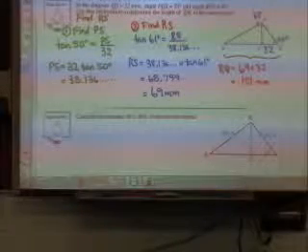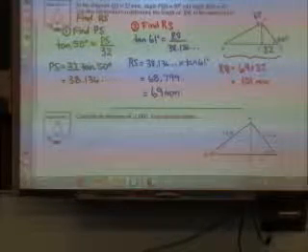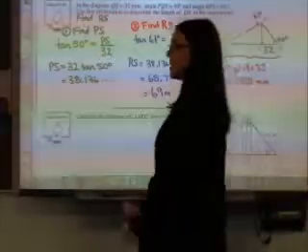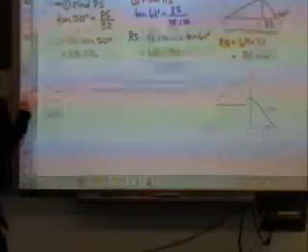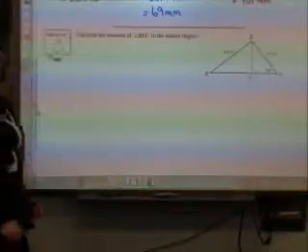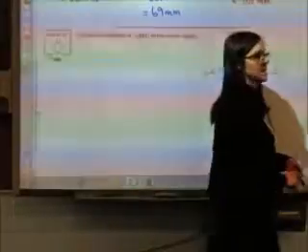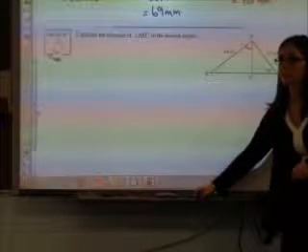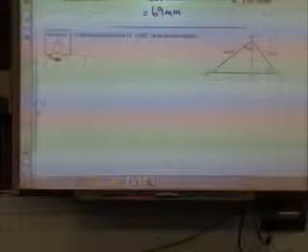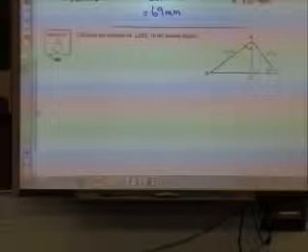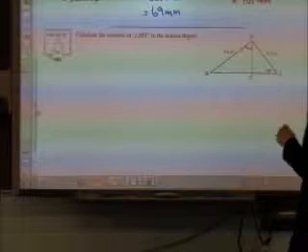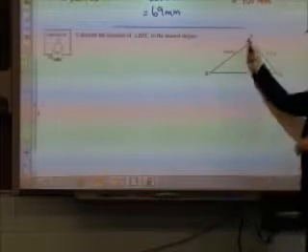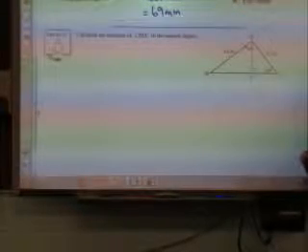I'm going to give you about 3 minutes. I want you to start working on class example number 2. You're going to calculate the measure of angle BEC. Just to label that, BEC would be this angle right in here. So what information do I need in triangle BEC to find this angle?